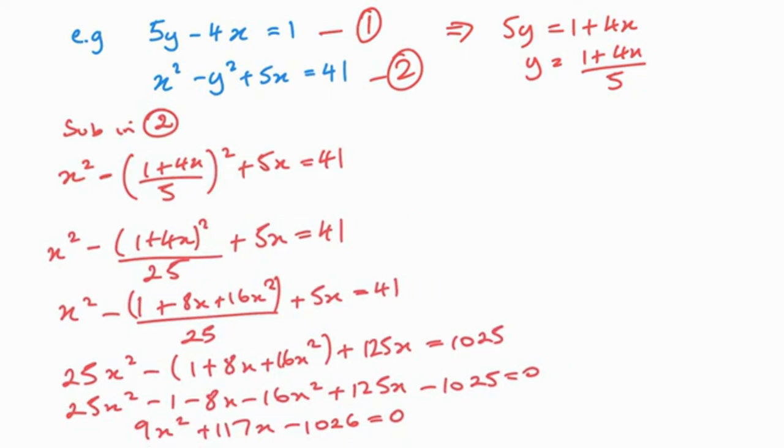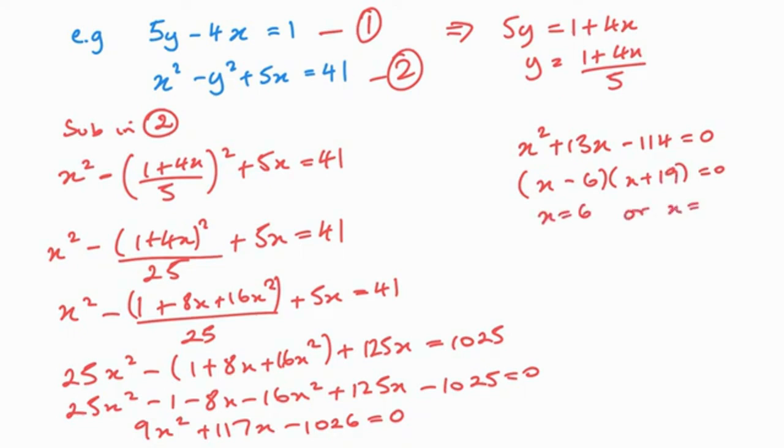So if I divide everything by 9, I'm going to get x squared plus 13x minus 114 equals 0. And this gives me minus 6 and plus 19. So x equals 6 or x equals minus 19.